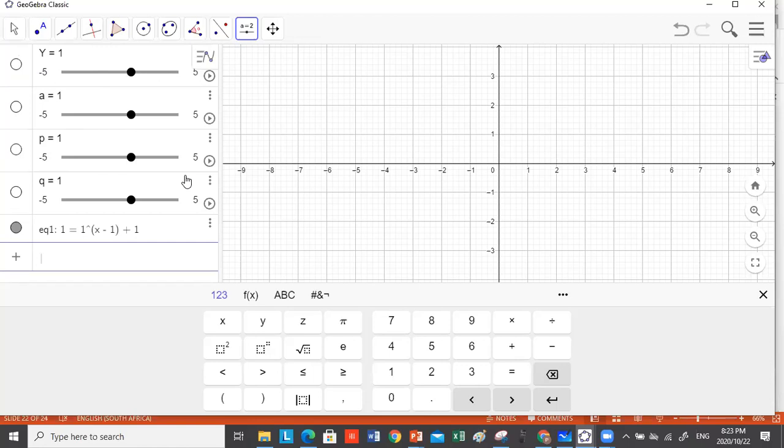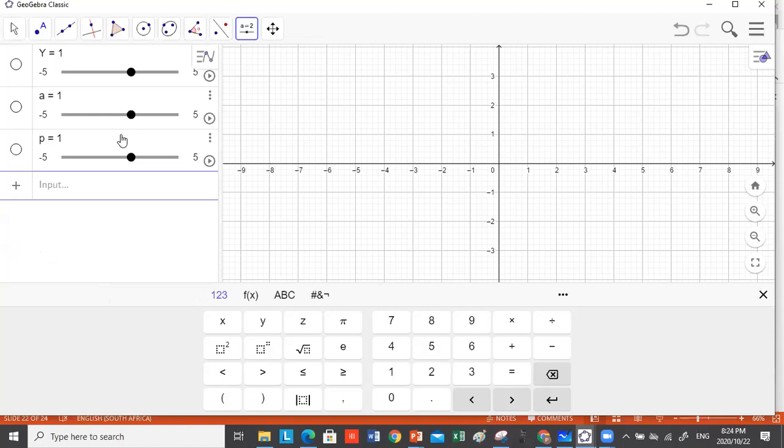Okay. Is there something wrong here? This is not an exponent plus that. I'm sorry, I've just written my equation wrongly.